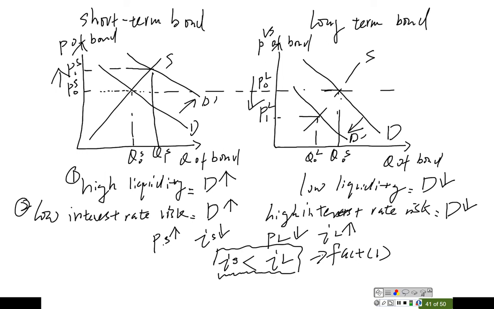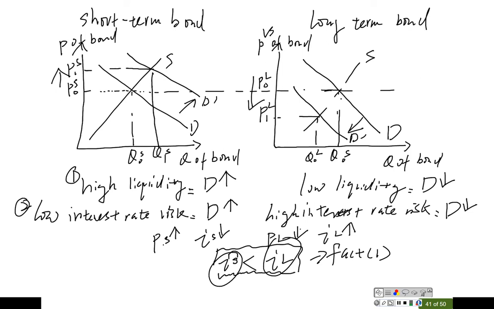But what about fact two? Fact two says interest rates on short-term bonds are occasionally higher than interest rates on long-term bonds. According to our model, could the short-term bond interest rate be higher than the long-term bond's? No, because the short-term bond has a high liquidity and a low interest rate risk.